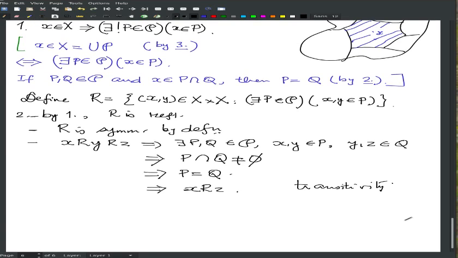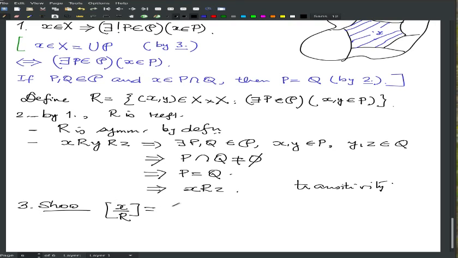And the final thing, I leave it to you to show. Just follow this relation. So what is the equivalence class of x by R?